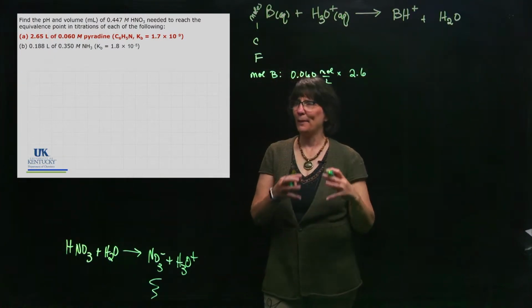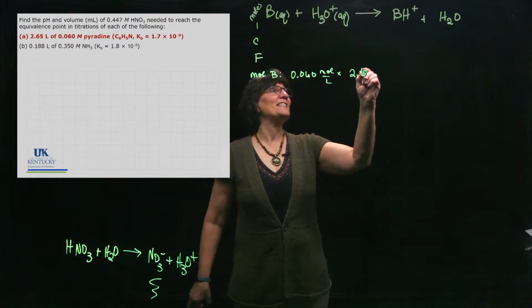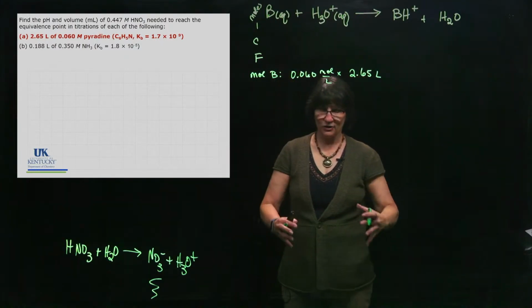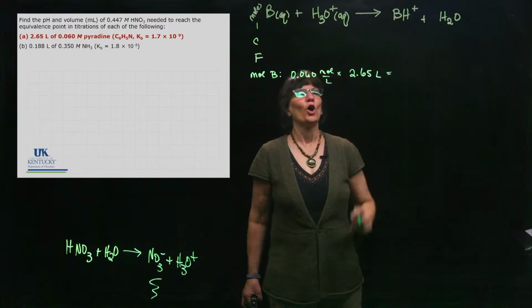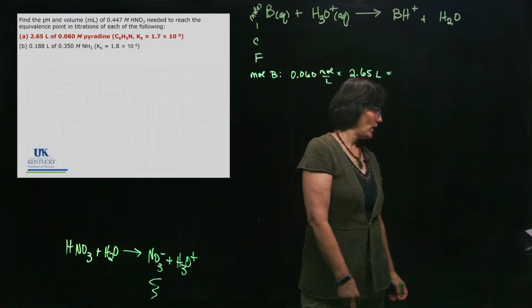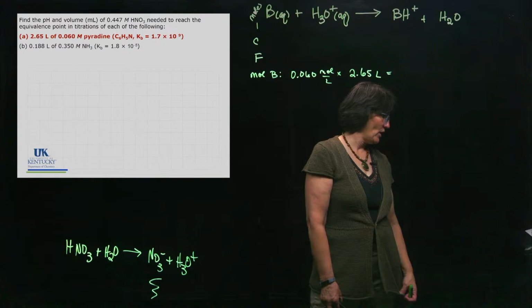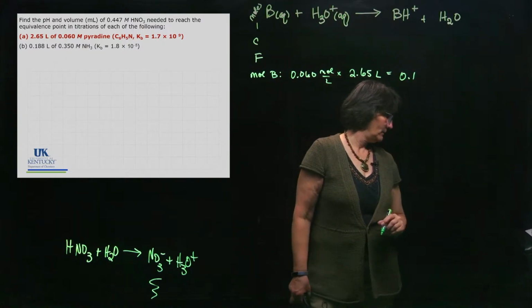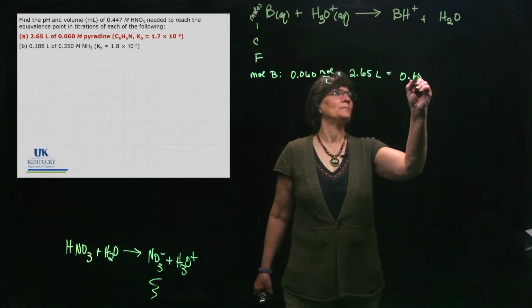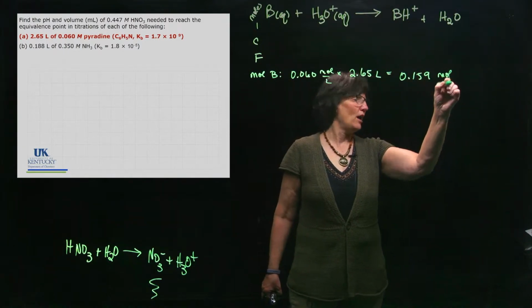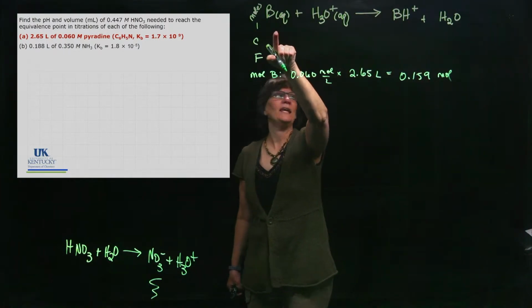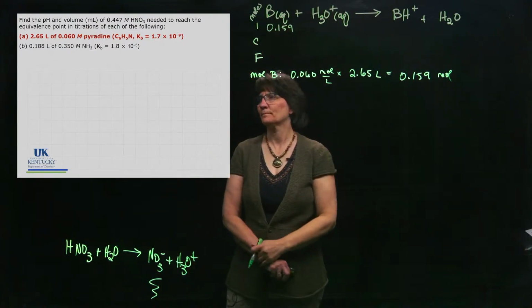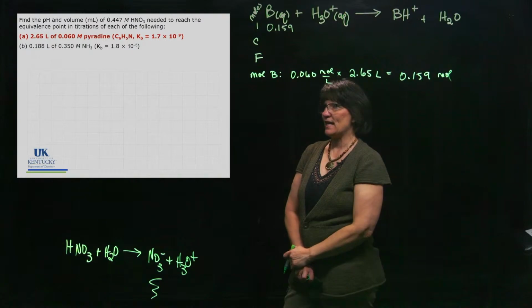We have a big amount of base, 2.65 liters of it in this great big Erlenmeyer flask to do our titration with, and when we multiply those two numbers together, I have 0.159 as the moles of the base, and I can plug that in right here. Now let's see what else they tell me.